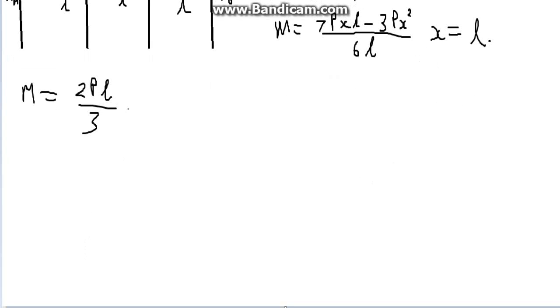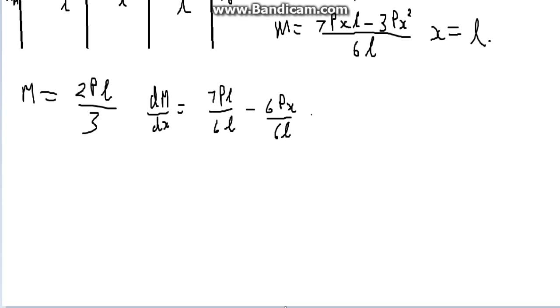Now let's work it out, shall we? Firstly, the trick about an x squared function is to find out where's the max, where's the min. So to find that, it's the derivative dM/dx equals 7PL divided by 6L subtract 6PX divided by 6L.